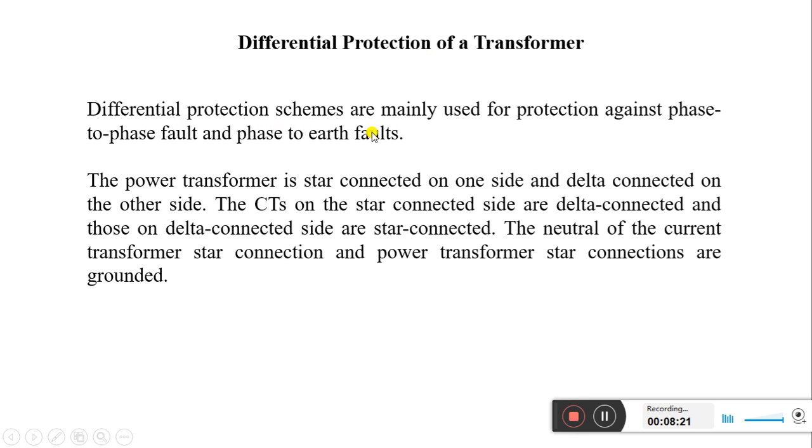A differential protection scheme is mainly used for protection against phase-to-phase faults and phase-to-earth faults. We must remember that differential protection schemes are mainly used for protection against phase-to-phase and phase-to-earth faults.